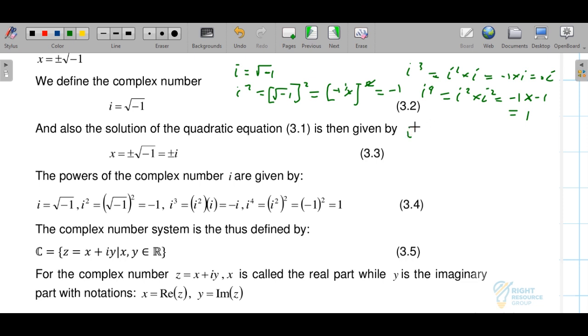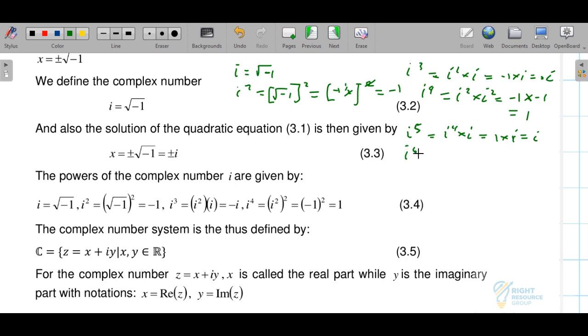For instance, if you want to find i to the power of 5, right? This is going to be i to the power of 4 multiplying i, and i to the power of 4 is 1, multiplying i is equal to i, right?